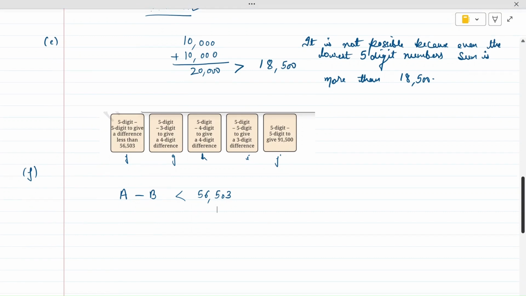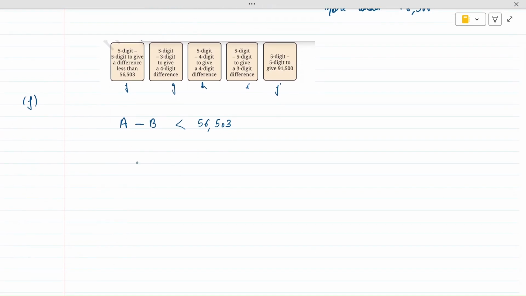Let's try to do this. I think this is possible. I'm taking one number, 80,000. This is one 5-digit number. The second 5-digit number I'm taking here is, let's say, 55555. I'm trying to subtract these. 10 minus 5 is 5, 9 minus 5 is 4, 4, 4, and here we will have 7 minus 5, we'll get 2.